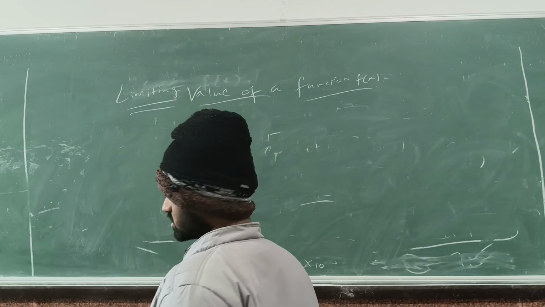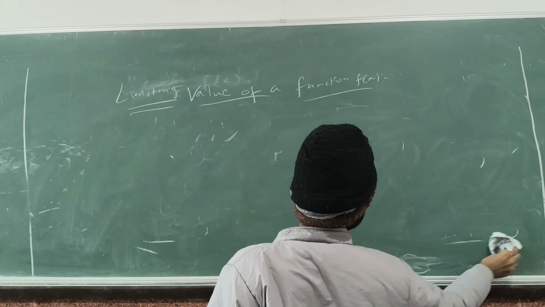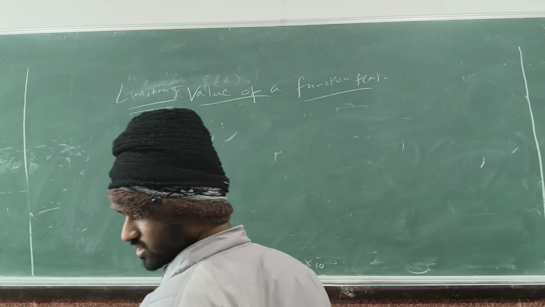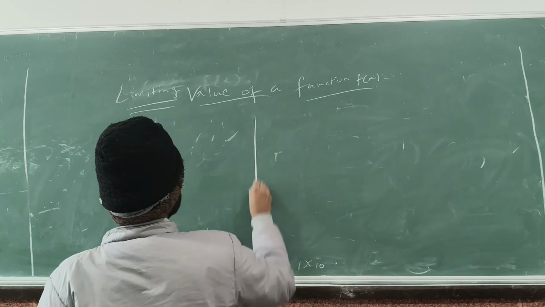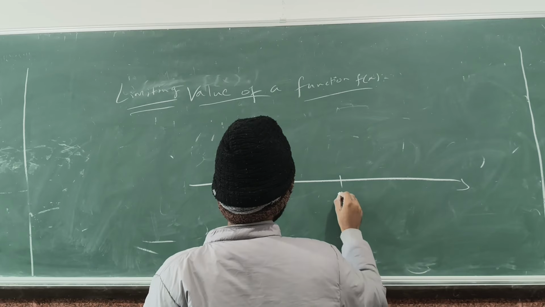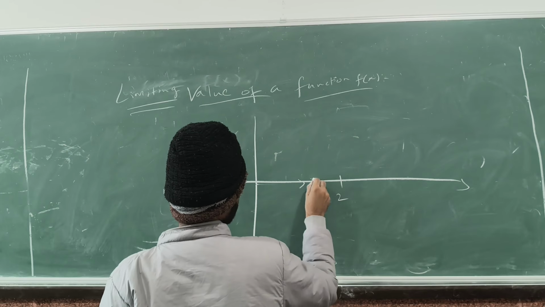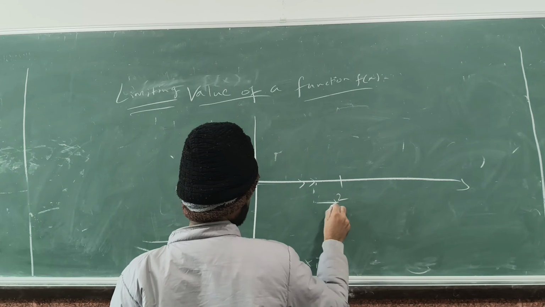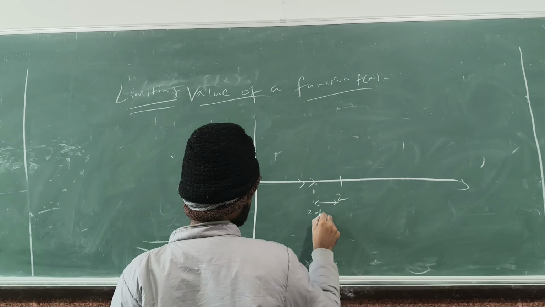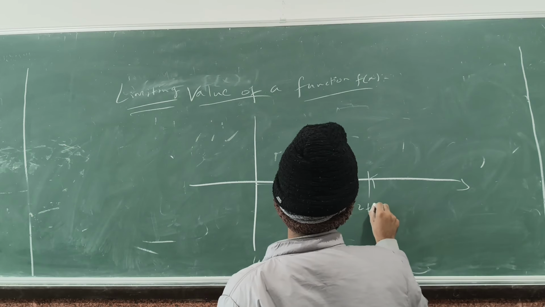We can represent that graphically. This is a number line. This is our 2, and we approach from the left side of 2 till the distance 2 minus h. From the right side we approach till 2 plus h.